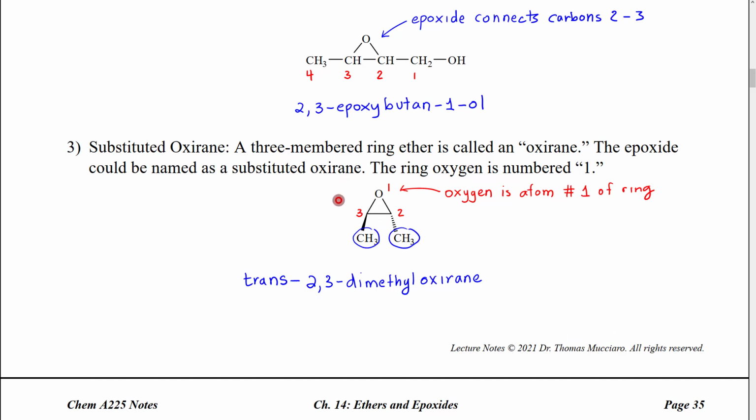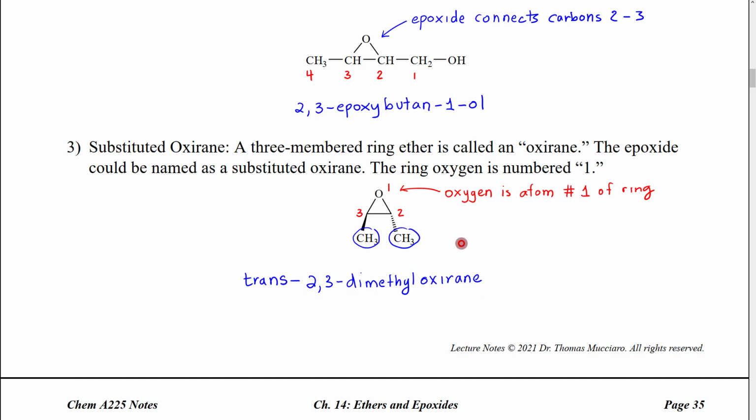When we name it this way, the oxygen is number 1 atom of the ring, so the substituents could be attached on carbon 2 or on carbons 2 and 3. If we look at this example, our oxirane ring has a methyl group on carbon 2 and a methyl group on carbon 3, so it would be 2,3-dimethyl oxirane.